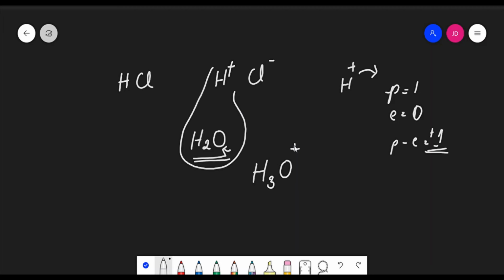I hope you understood it. So hydrogen cannot give an electron if there is no water available. Without water, H cannot give an electron. As soon as it gives the electron to chlorine, it reacts with one water molecule to become the H3O plus ion. And this ion we call the hydronium ion.